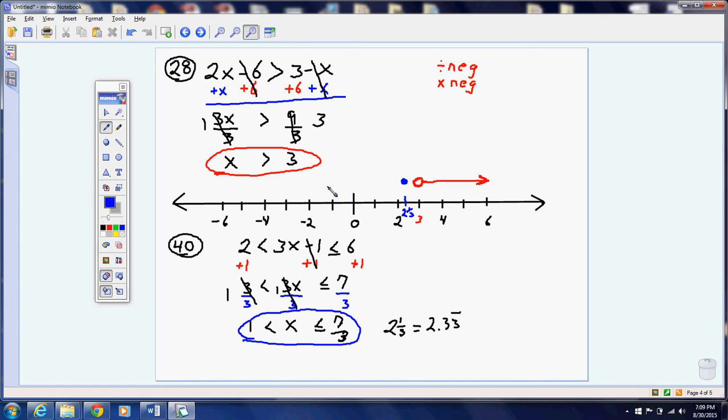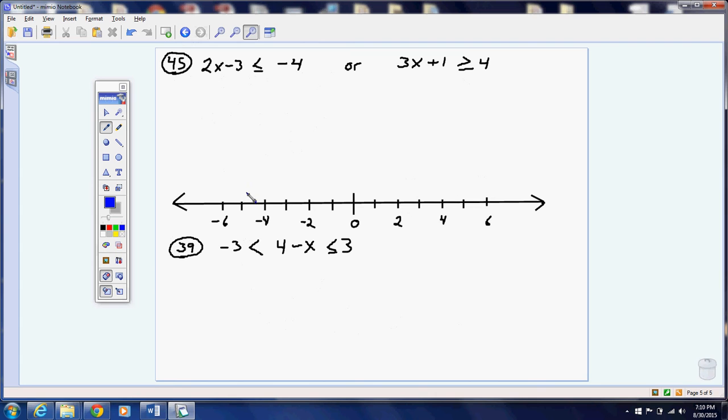And our other one is at 1, but x has to be greater than that 1. So x is greater than 1 and also less than or equal to 2 1/3, or 7/3. So everything in between there. All right, let's move on. Our last 2 problems here.